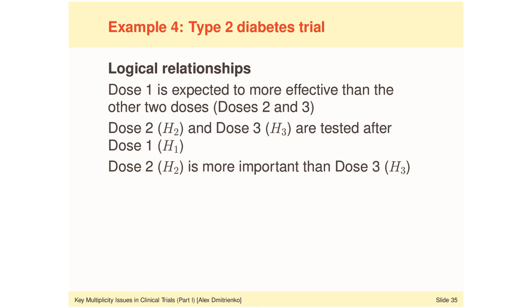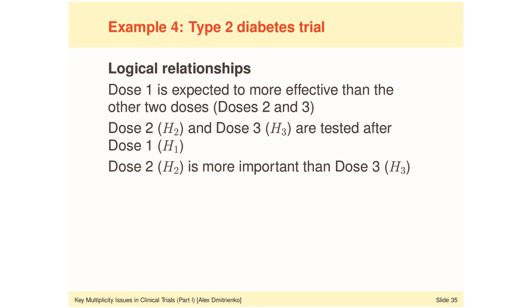And if there is evidence of a beneficial effect in one dosing arm, this will result in a successful trial. So from a regulatory perspective, the 3 dose placebo comparisons are interchangeable. But from the testing perspective, the comparisons may not be equally important.